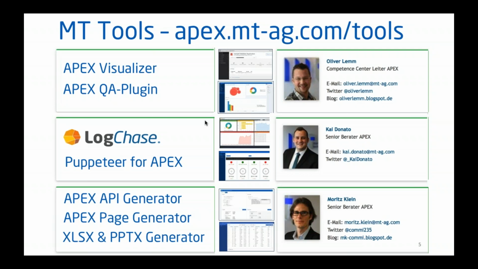To strengthen your quality, Oliver Lem, my colleague, has built a QA plugin, which is freely available on apex.world. The QA plugin is a region plugin, and based on metadata of your existing Apex application, it can give you hints if you have followed the guidelines specific to your project.